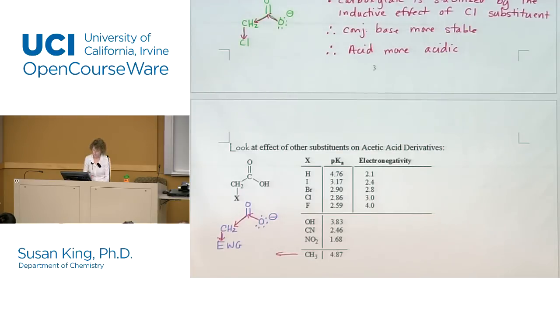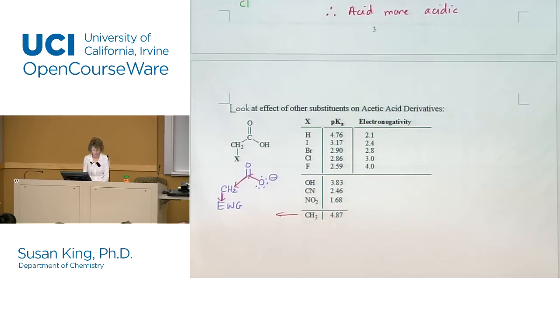So we're going all the way here. For the methyl, that's the opposite. That's an electron donating group. It's not a very powerful electron donating group, but it's slightly electron donating.